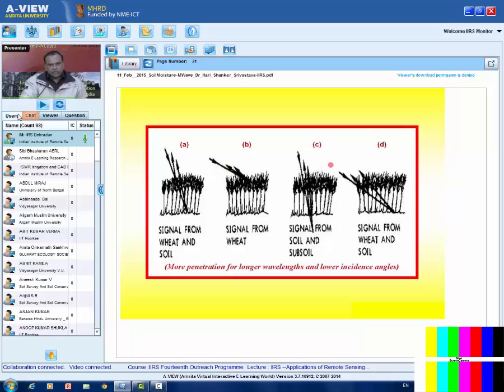And for cases C and D, we are using longer wavelengths. That is why at low incidence angle, the signal is not only able to penetrate the vegetation cover, but it is also able to penetrate inside the soil medium. But when we select a very high incidence angle, even these longer wavelengths are not able to penetrate inside the soil medium. Okay?